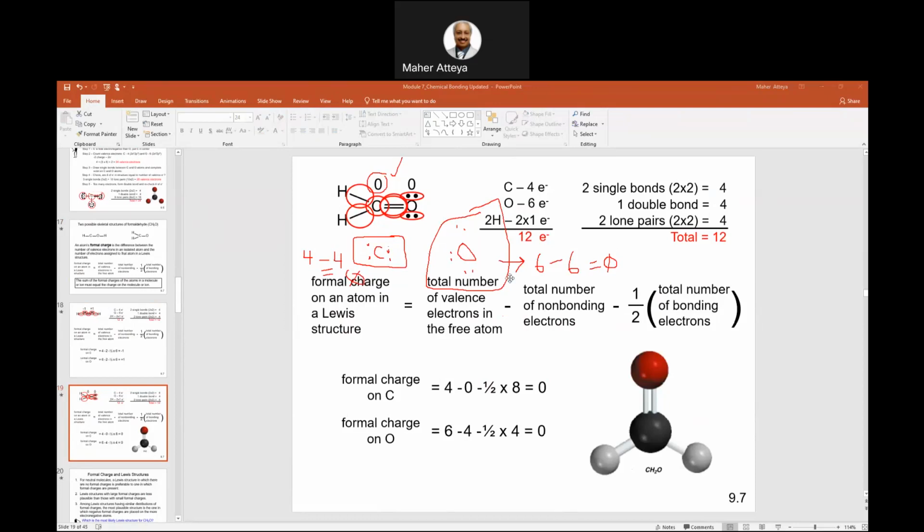Let's do the calculation together. Carbon first, total is 4. Minus, do we have non-bonding lone pairs?